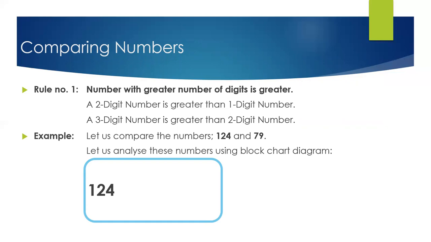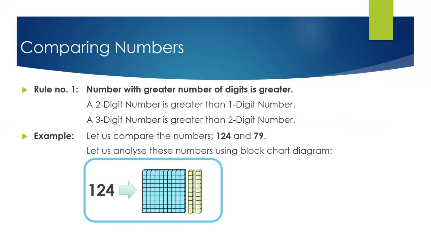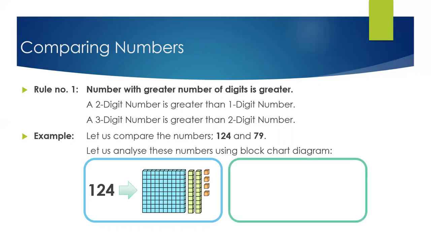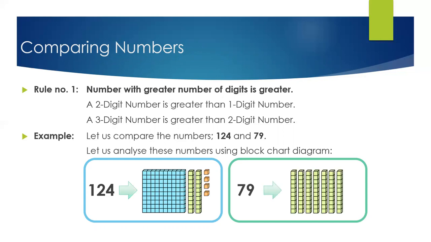So for 100 we draw a 100s grid, for 2 tens we draw 2 cubic tens, and for 4 ones we draw 4 cubic ones. Similarly, 79 comprises 2 digits, so the digit 7 consists of 7 tens, and the digit 9 comprises 9 ones.